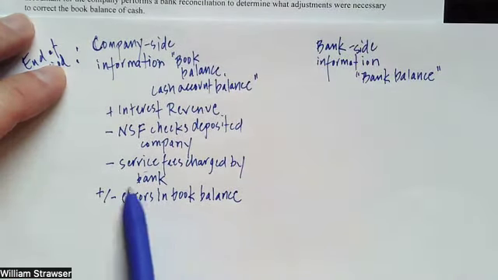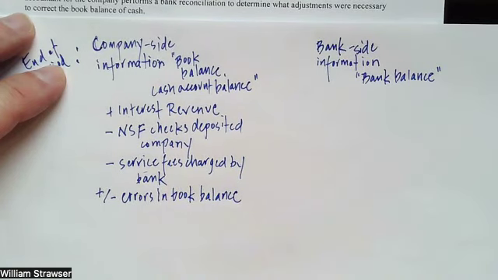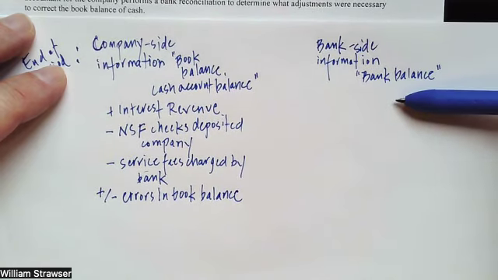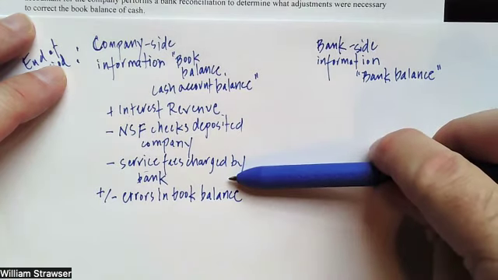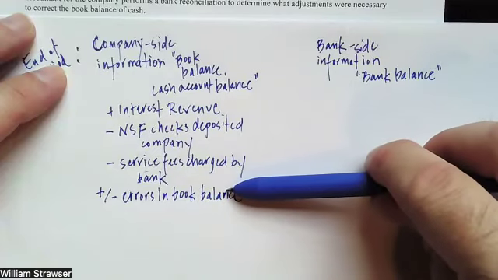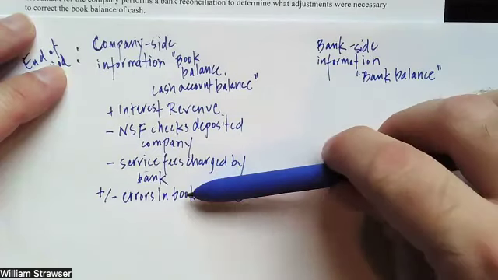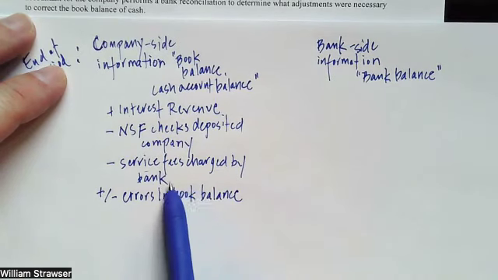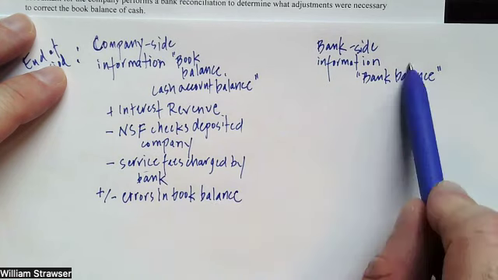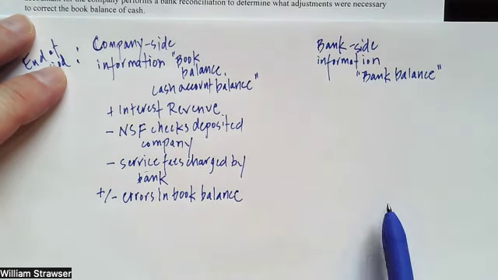Like maybe we credited our book balance by $800 when really we wrote that check for $900, right? When we look at our bank balance and see a $900 withdrawal from that check, and then we go back to our records and we see, oh, shoot, we only credited our books for $800 cash. Okay, so we have to subtract a little bit more because we had logged it at 800, but in reality we wrote it for 900 and we didn't know about it till we looked at the bank.